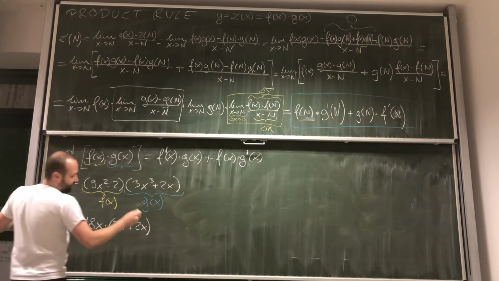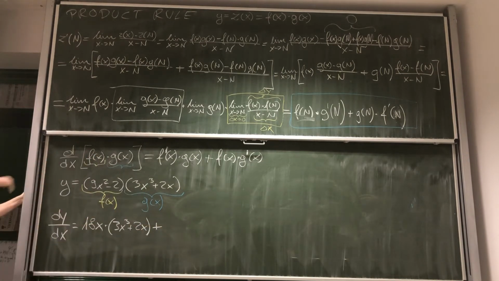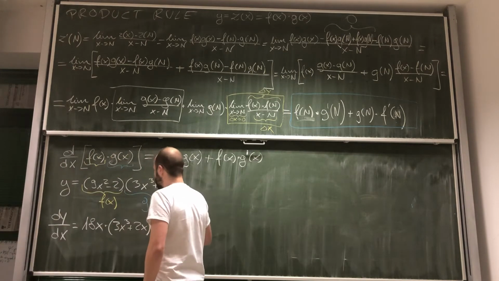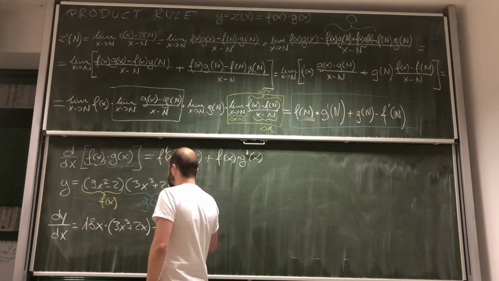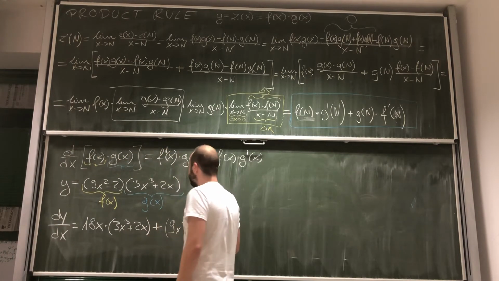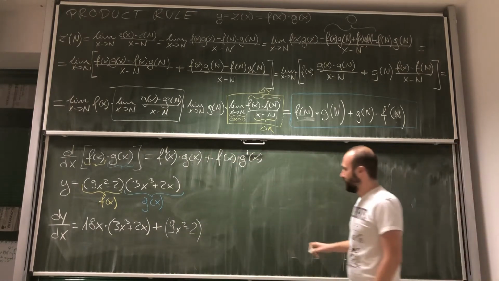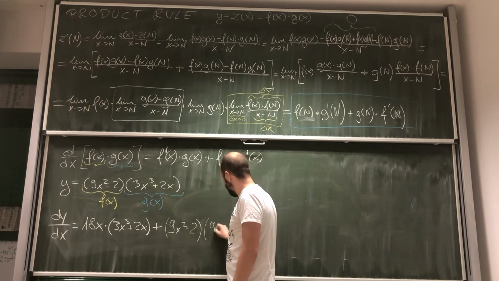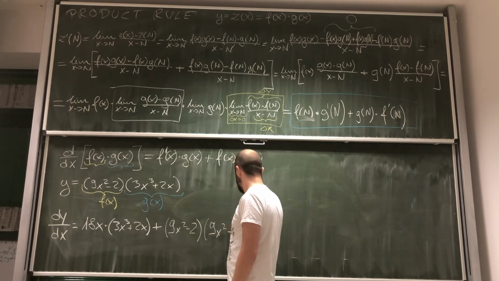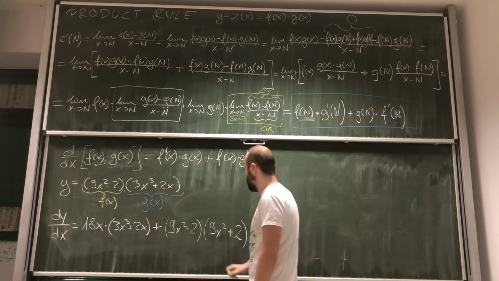Then I should add, and now we do the same but in opposite order. I leave the first function the way it was, so it's 9x squared minus 2, and I multiply it by the derivative of the second function, which is 9x squared plus 2.